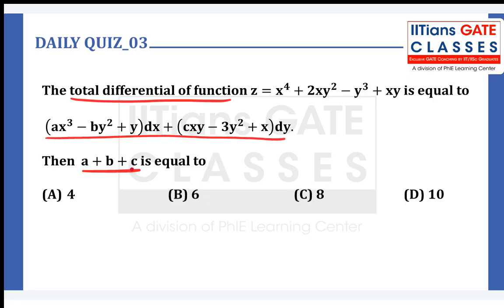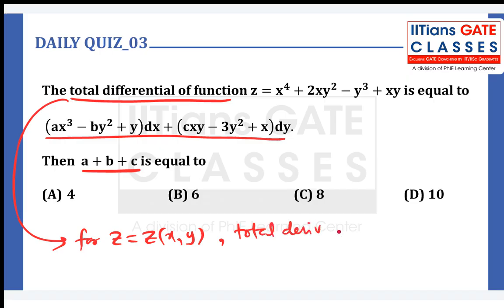So this total differential concept is basically, let's say, for a function z, which has two input variables x and y, you write the total derivative or total differential, also called dz.